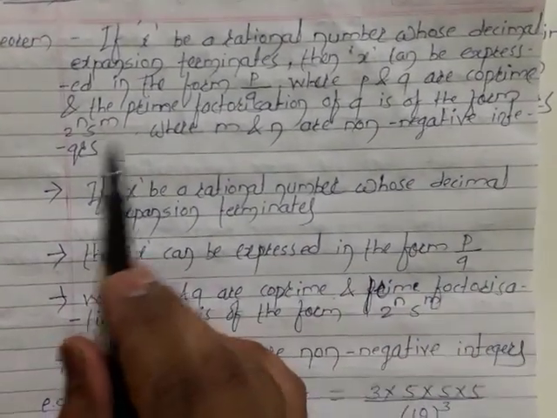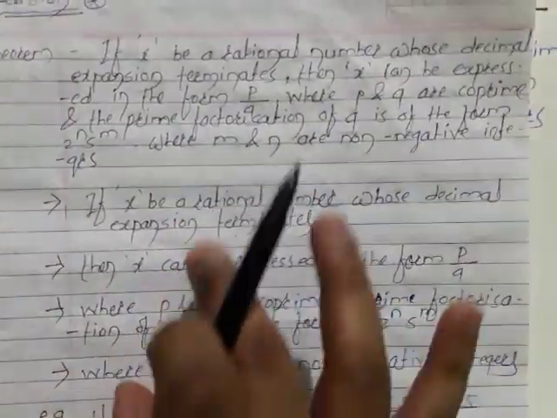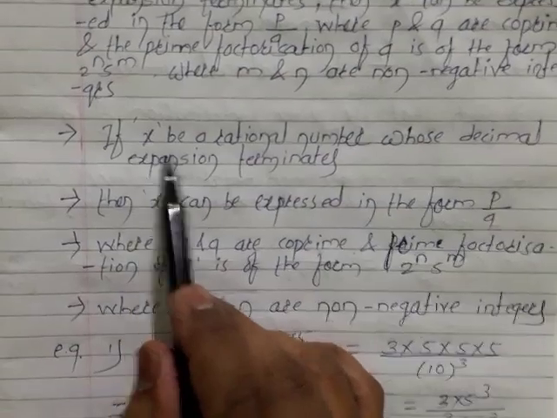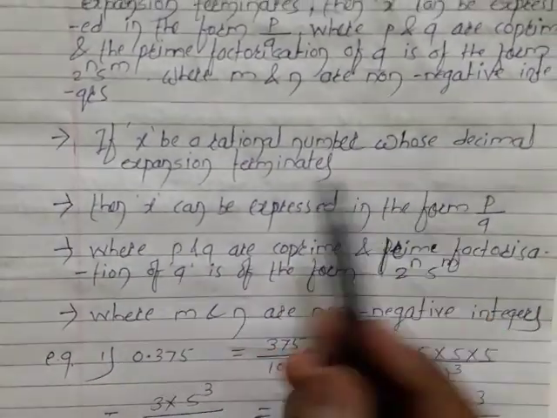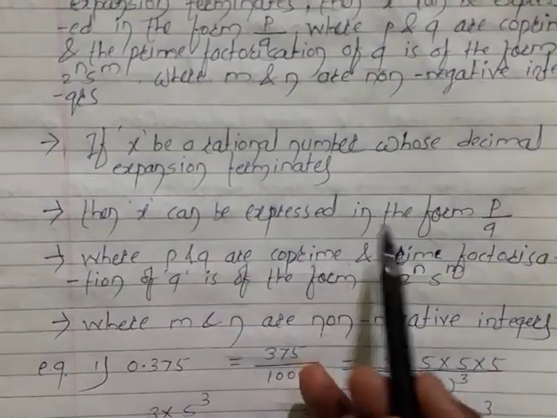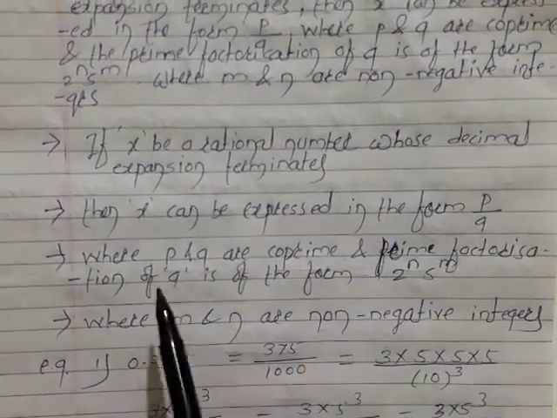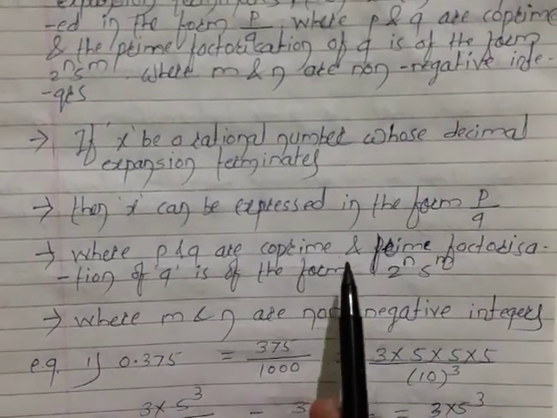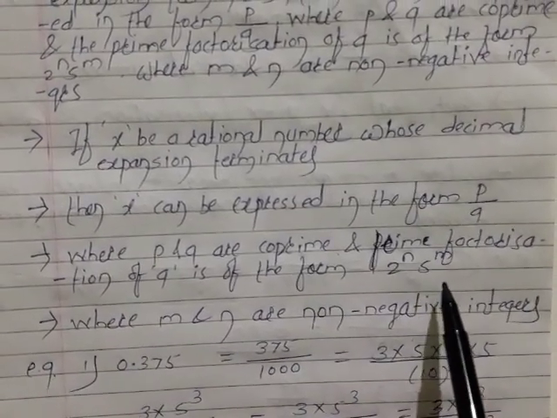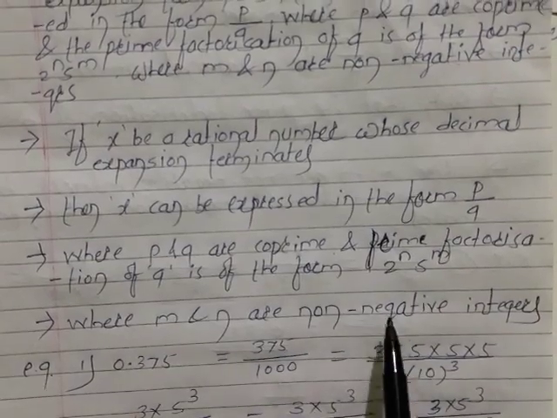Okay, ये इधर फिर से समझने के लिए मैंने 4 parts में I have divided this theorem into the 4 parts. If x be a rational number whose decimal expansion terminates, same theorem है, then x can be expressed in which form? P upon q, where p and q are co-prime, and this q we can write in which form? 2 raised to n into 5 raised to m, where m and n are non-negative integers.